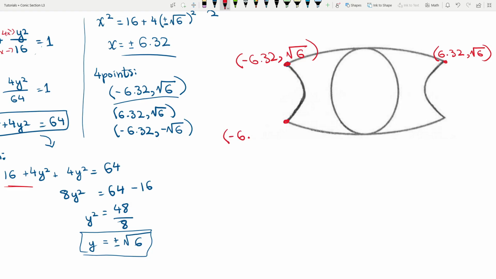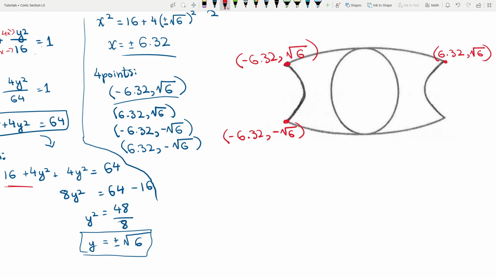Negative 6.32 and negative 6. And our fourth point is positive 6.32 and negative 6.